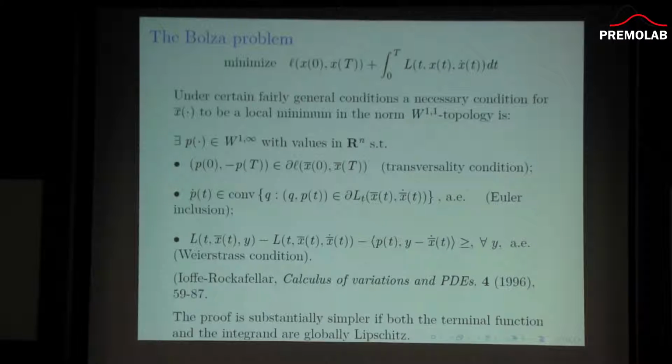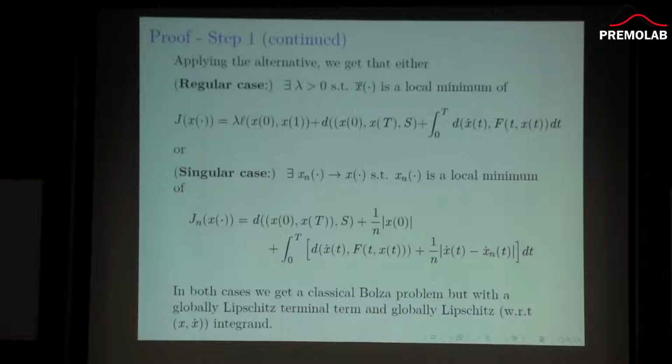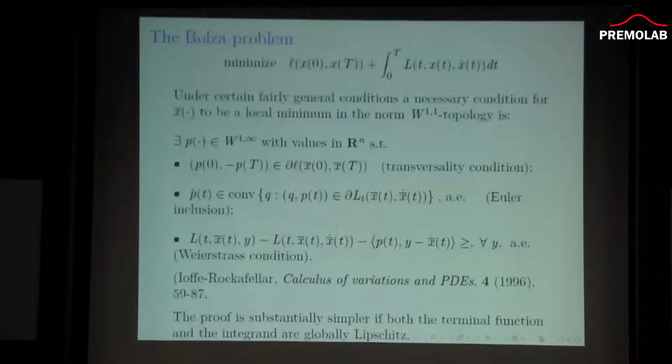So applying the proof was pretty hard actually, and we used a lot of techniques: smoothness, duality, relaxation, and so on. But in the case we consider here, when f has bounded values, both these integrands are Lipschitz. And in this case, the proof of the Bolza theorem turns out to be much, much simpler.